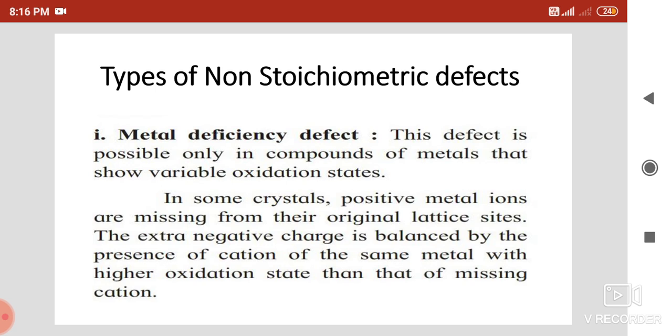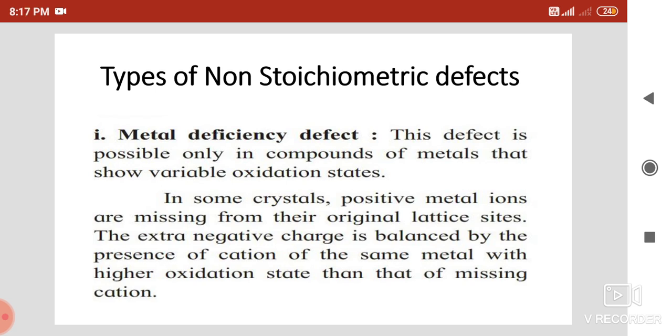The extra negative charge is balanced by the presence of a cation of the same metal with higher oxidation state than that of the missing cation. Here one of the cations is missing, and then the same metal in a higher oxidation state balances the negative charge.